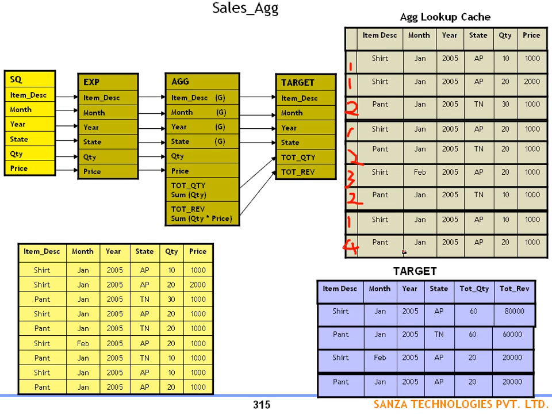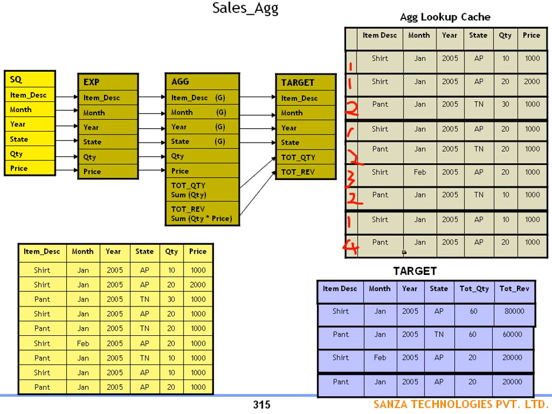Then how Informatica works: when you use an aggregator transformation, the Informatica server processes row by row. When the data comes to the aggregator transformation, you actually have to aggregate based on the complete set of data, not on a single record. If the combination is a single record combination, fine, but you need the complete set of data. So the aggregator transformation allocates memory space, puts the data into the aggregator cache, and scans the cache.